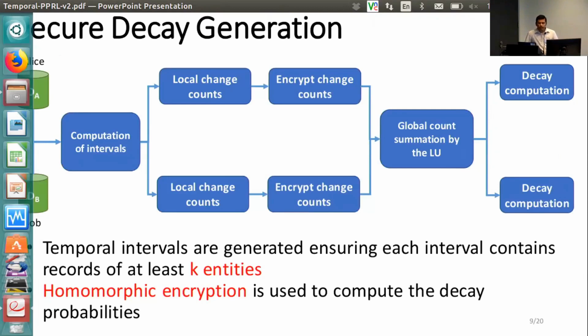Once we have those time intervals, each party can compute the change count, in the sense that we count how often a person changes his or her attribute values, or how often two entities share the same attribute values. Then we follow a homomorphic encryption technique, where each party encrypts these counts and sends them to the linkage unit, who does the summation and sends the result back to the parties, who decrypt it and then calculate the probabilities they want.